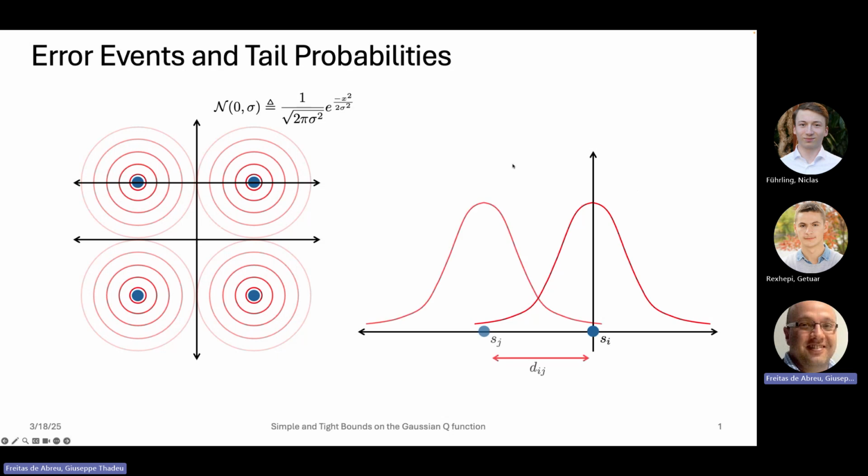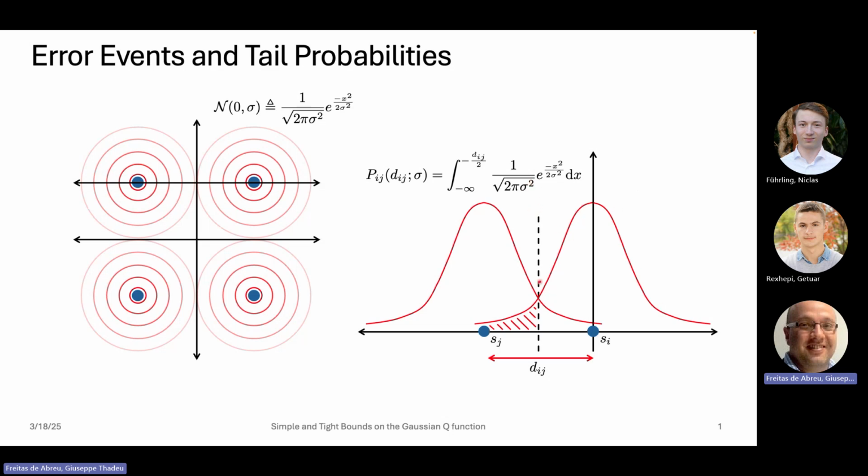Then the likelihood that you receive a symbol S sub j instead of the transmitted S sub i is essentially governed by the so-called Euclidean distance between S sub i and S sub j, and the corresponding noise variance, represented by sigma squared, in that way, right?